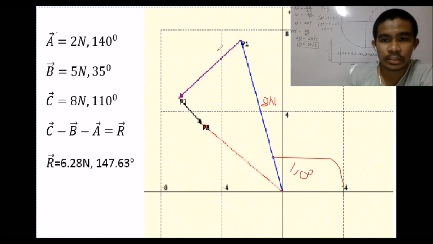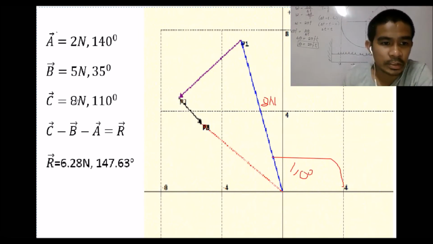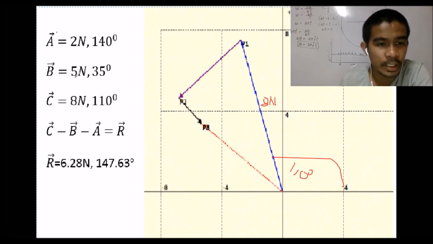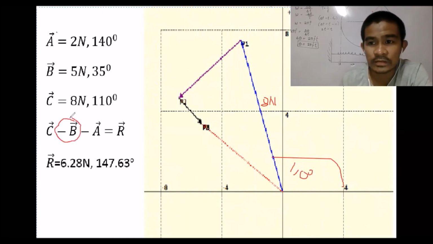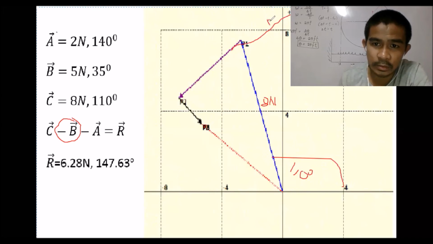And then we have vector B, 5 Newton, 35 degrees. So how come it goes in this direction? Look at here, it's a negative vector. Negative vector means it has the same magnitude, but pointing in opposite direction. So instead of going at that direction, 35 degrees, this is positive vector B. But we have negative vector B, so it goes to the opposite direction.